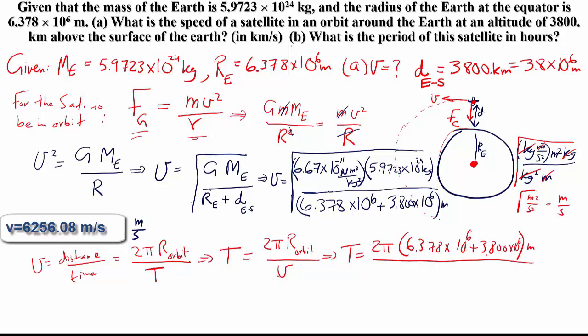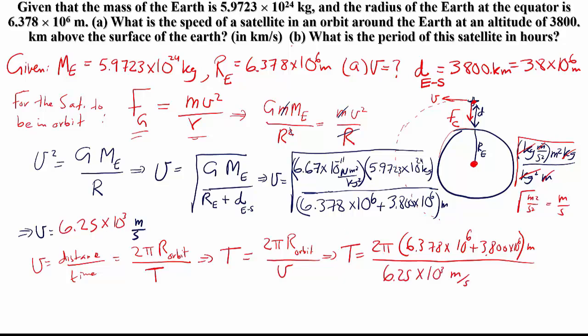This is all divided by v, 6.25 times 10 to the power 3, going with 3 significant figures. Now we'll go ahead and plug the value of the velocity. And now you can see meter will cancel out with meter, and then you have 1 over second, so the answer will be in seconds, and this will yield that the period is around 10,200 seconds if we go with 3 significant figures.